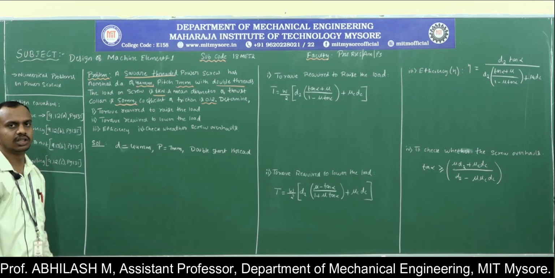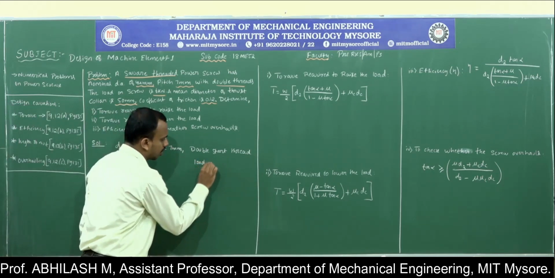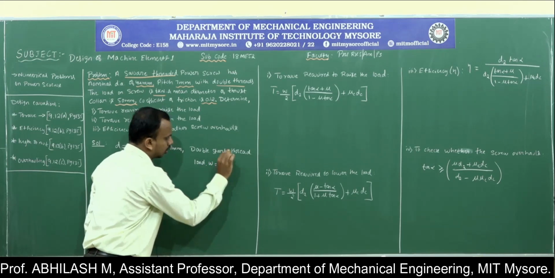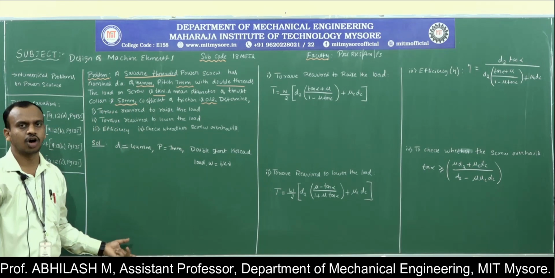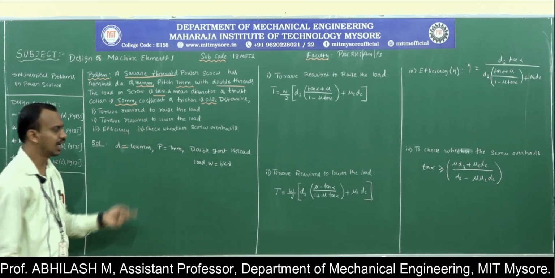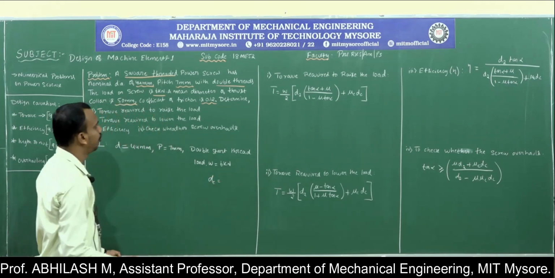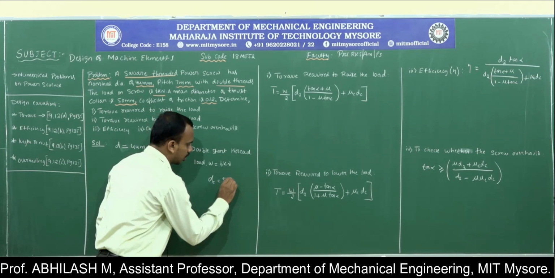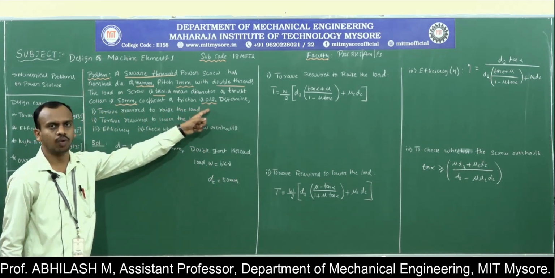The load on the screw is 6 kilonewton. So the load W is 6 kilonewton. The mean diameter of the thrust collar is denoted by DC. So the mean diameter is DC, which is how much? 50 millimeter. Now the coefficient of friction is 0.12.